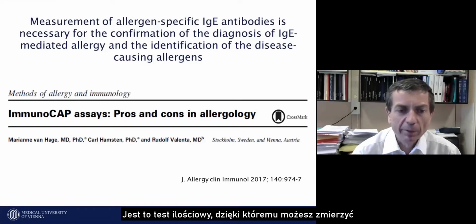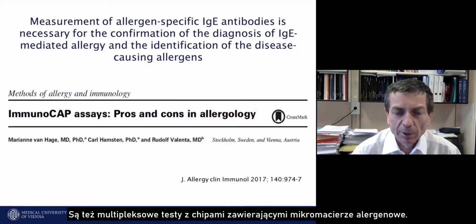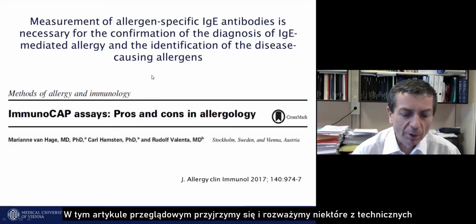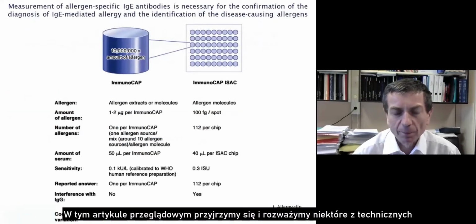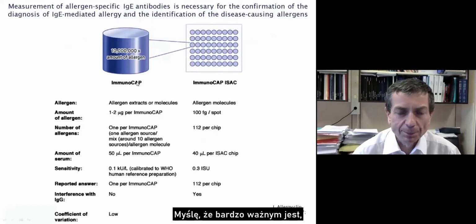It's a quantitative assay where you can measure the quantities of IgE to each of the allergens and the allergen extracts. And there's also the multiple testing with chips containing microarrayed allergens, and in this review article we have considered some of the technical specialities of these different tests.